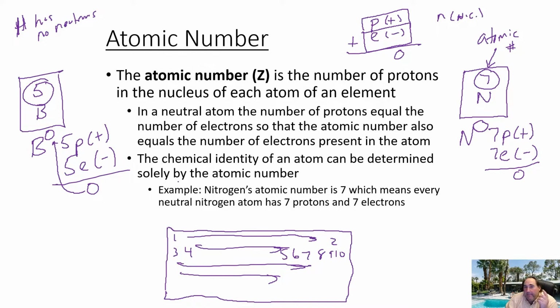So the most important subatomic particle to know what element you're dealing with is the proton. The protons, which is the atomic number, tells you what element you're dealing with.